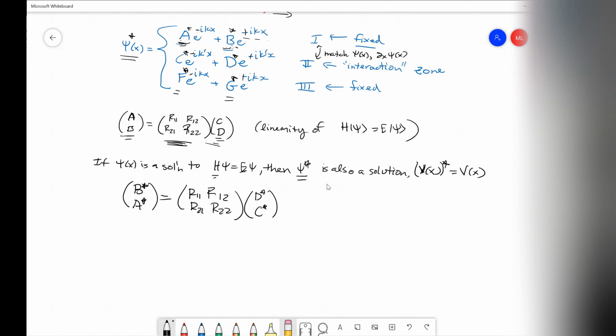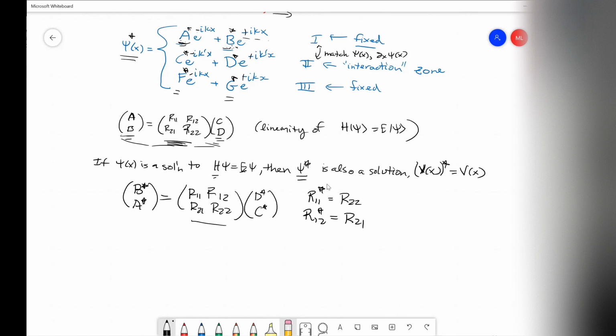And so what does it mean? It means that the only way that this can be satisfied is if the coefficients satisfy R11 star is equal to R22, and R12 star is equal to R21.